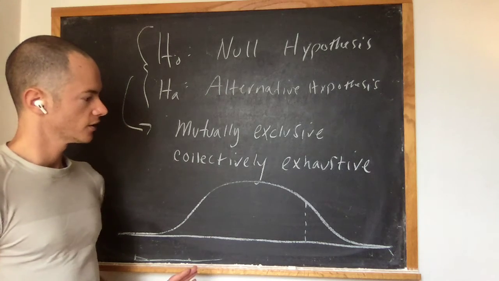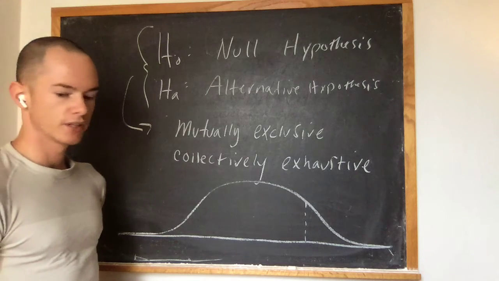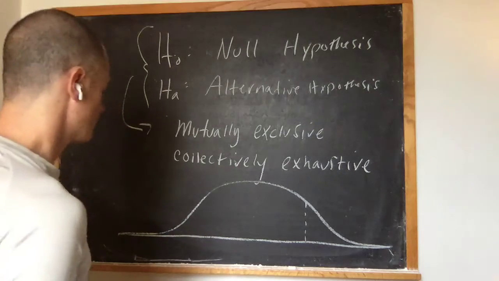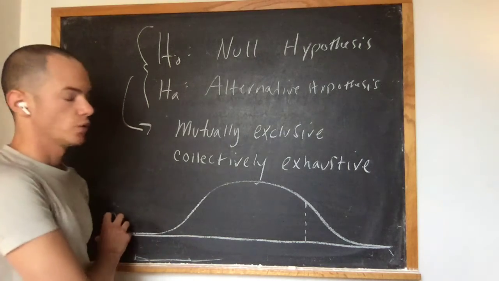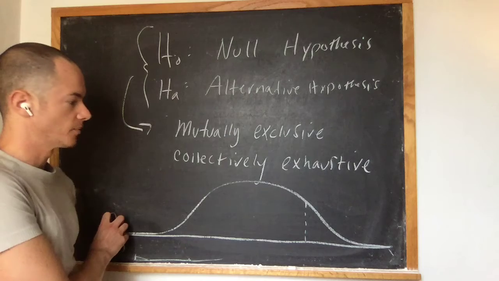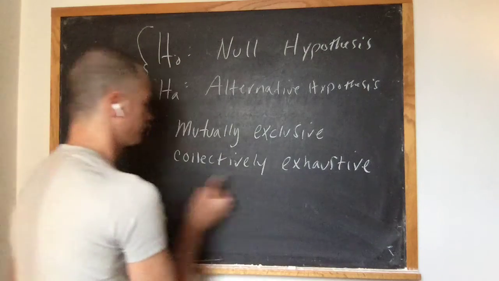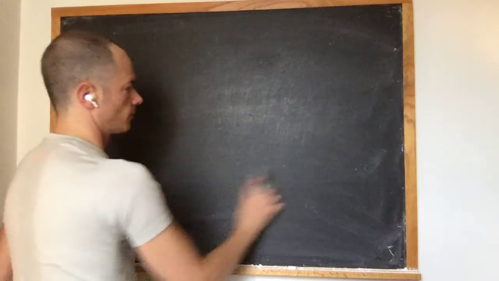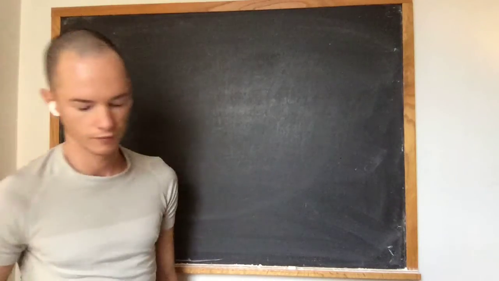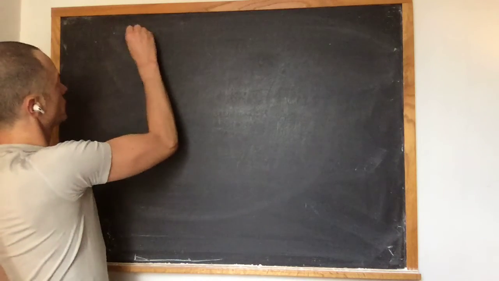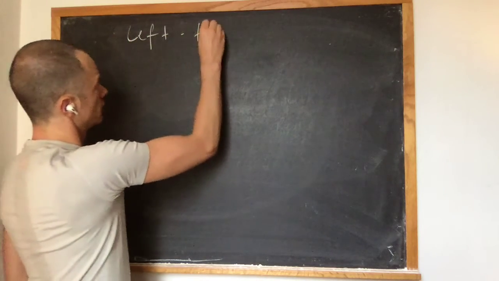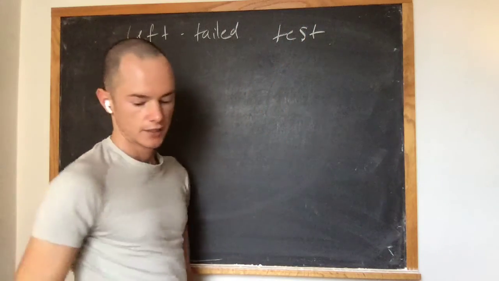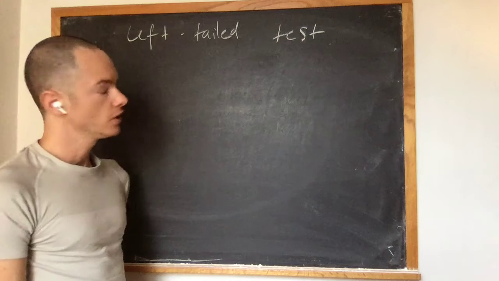So let's look at the three different kinds of hypotheses, the left tail, right tail, and two tail, so that you have a more concrete example of what I mean. Let's look first at a left-tailed test.